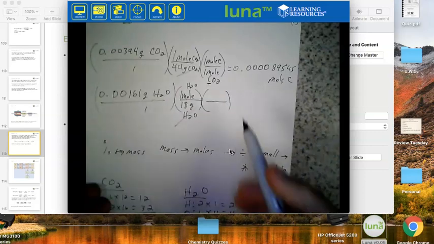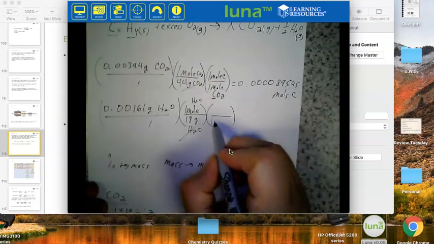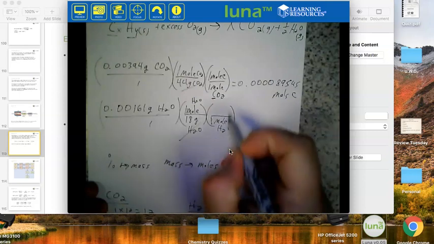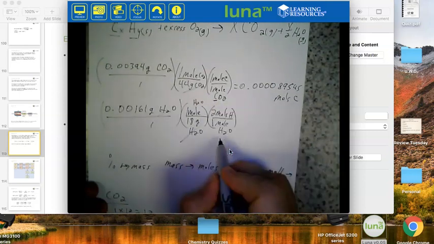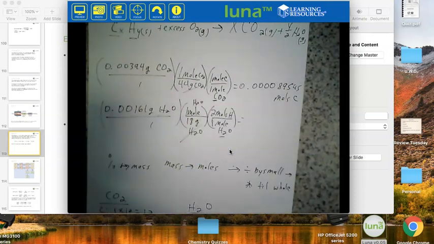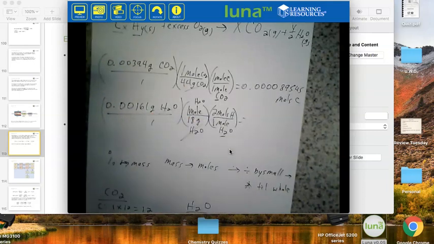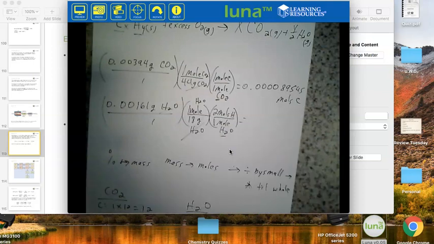Now we need to go from moles of water to moles of H. For every 1 mole of H2O, there's 2 moles of H, because there are 2 atoms of H. So 0.00161 times 1 times 2 divided by 1 times 1 times 18 times 1. And that is 0.0001788 moles of H. Alright, so now I have my moles of H.